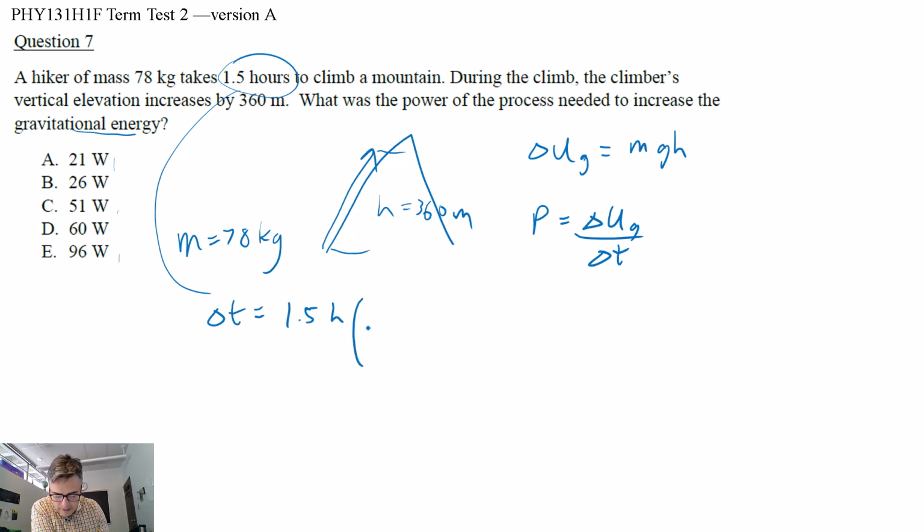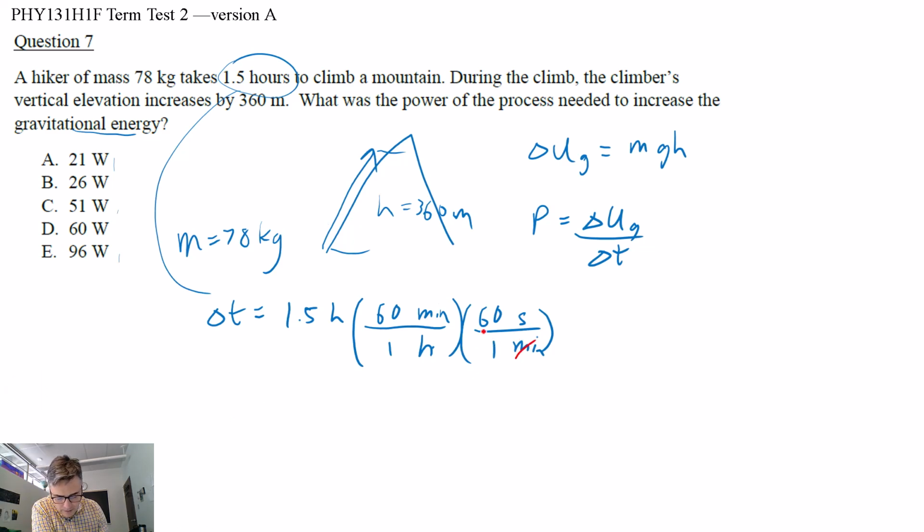I'll multiply that times minutes per hour. I know that there's 60 minutes per 1 hour, and then I'm going to multiply times seconds per minute. I know there's 60 seconds in 1 minute.